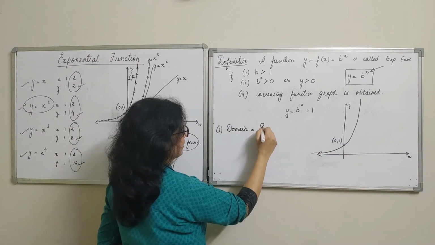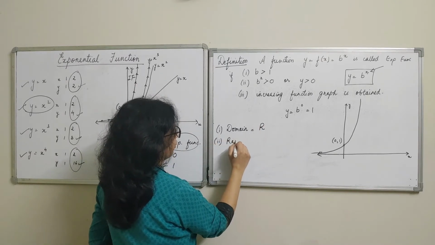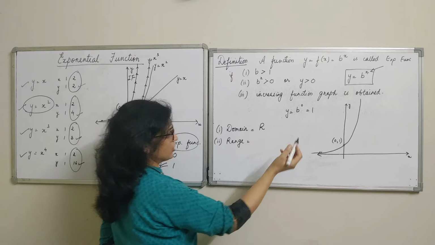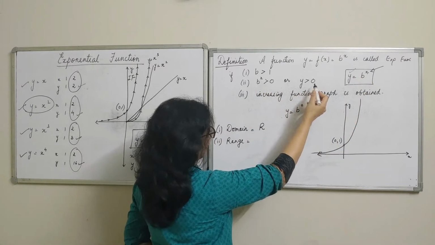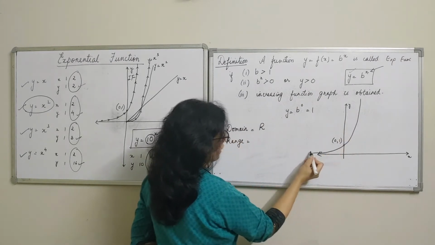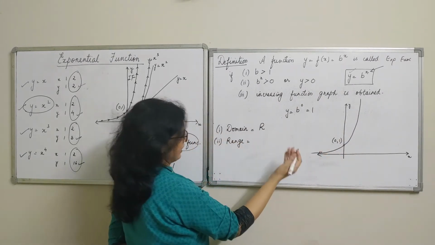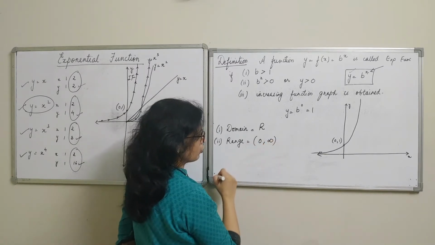That means the domain is the set of real numbers. Next, what is the range? Range means values of y. We have already stated here y is greater than 0. As you can see, the curve lies in the first and second quadrant. So that means y is greater than 0. So what is the range? The range is 0 to infinity.